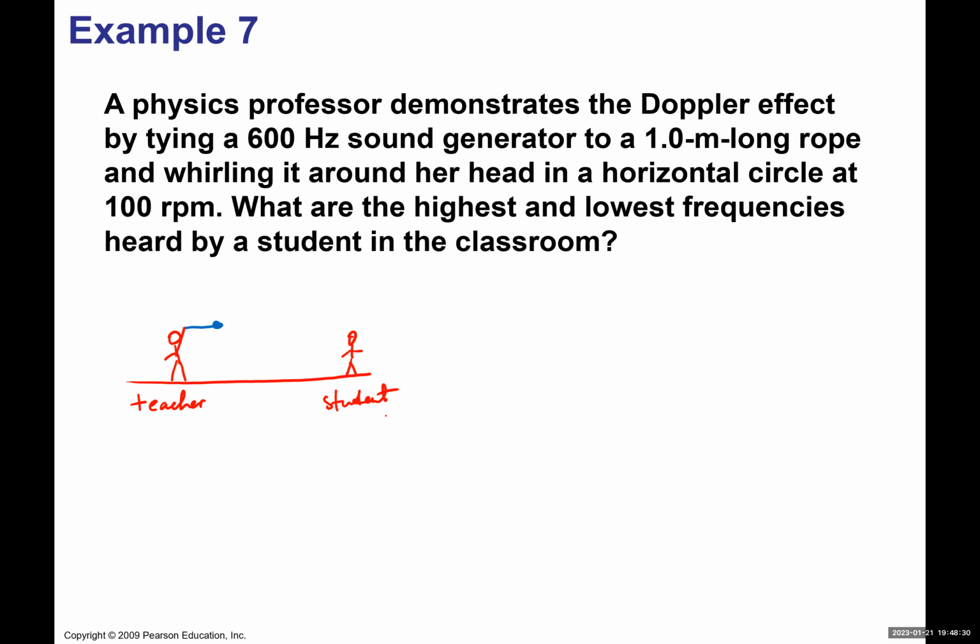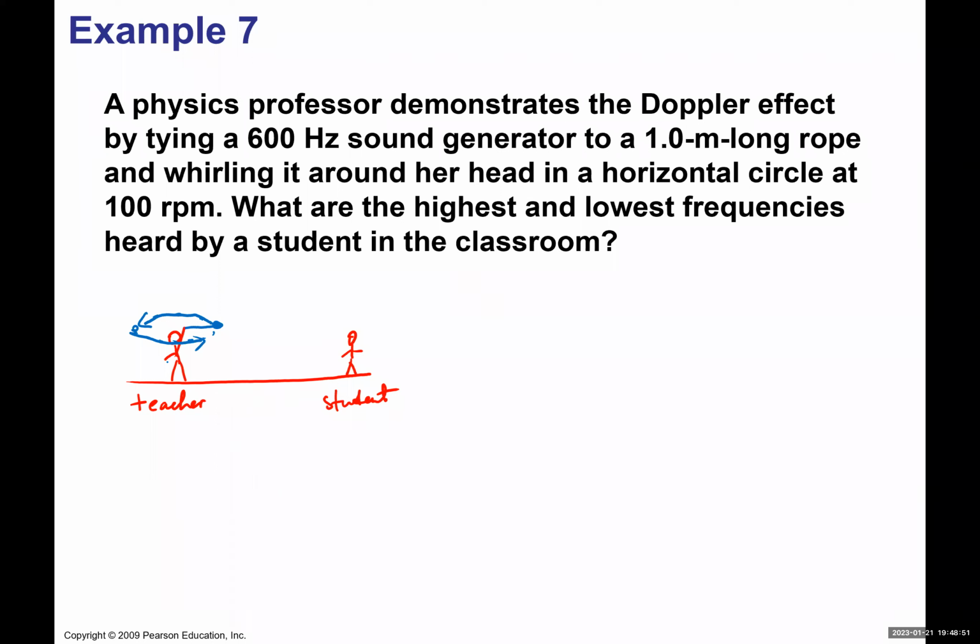Now the idea here is as the generator goes around in a circle, something like this, during the rotational motion, sometimes the generator is moving away from the student, and sometimes it's moving toward the student or students.